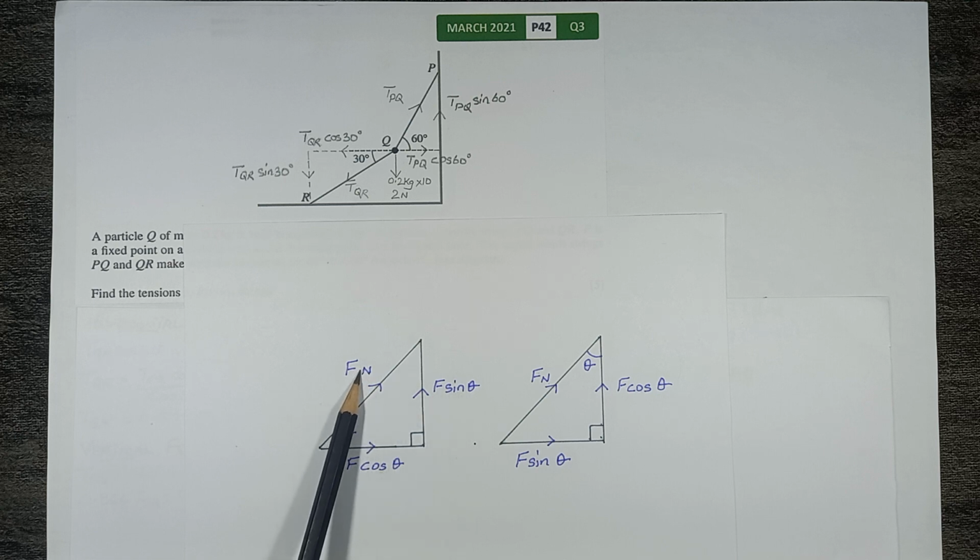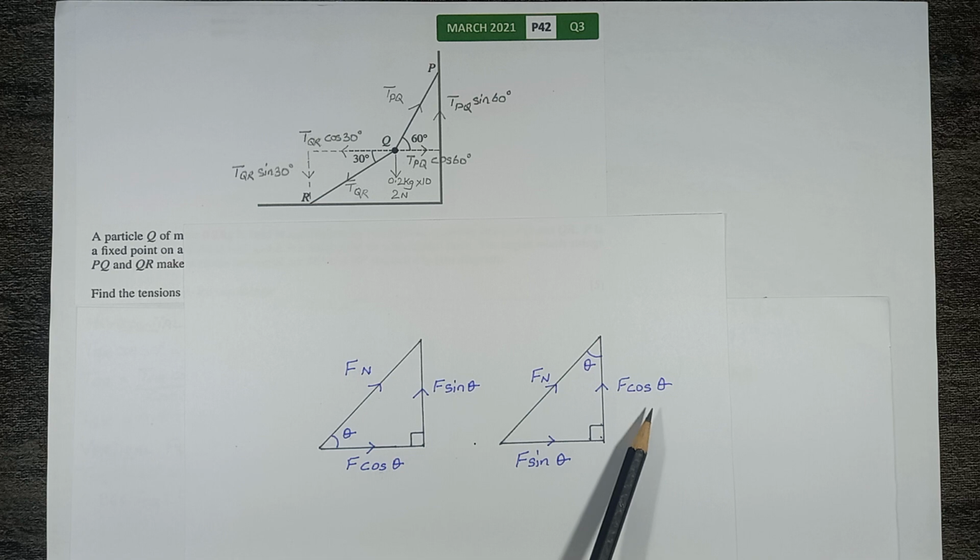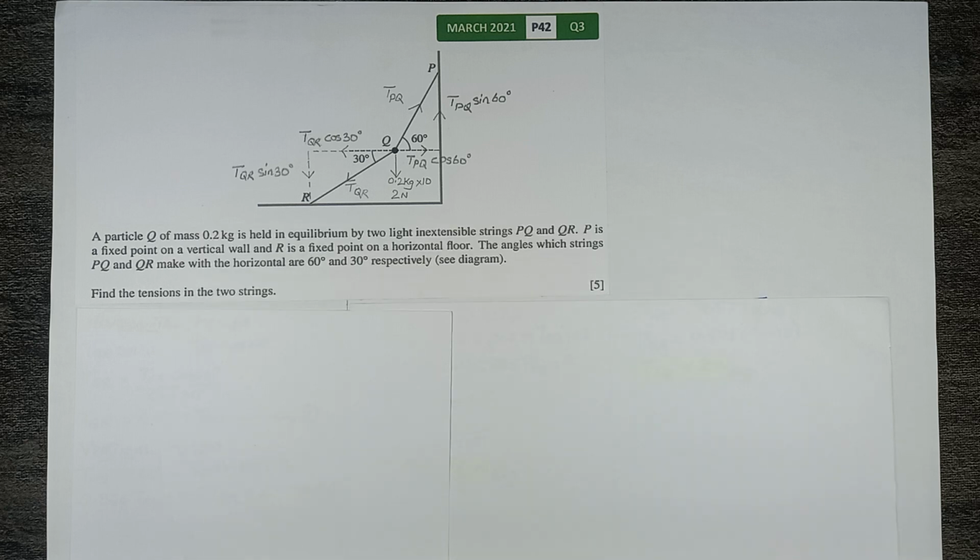If the angle is given with the vertical, the y-axis, the side next to that angle is still the cos component and the opposite the sine component. It depends upon where the angle is, and based on that we decide which side is the cos component and which is the sine component.